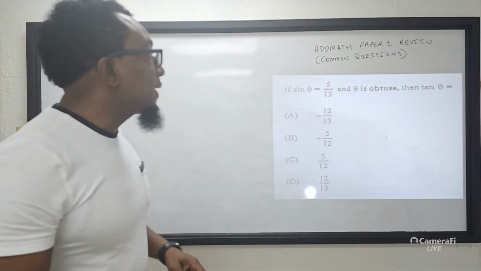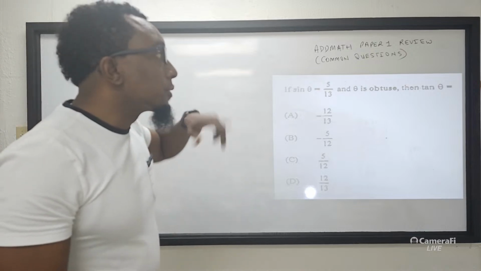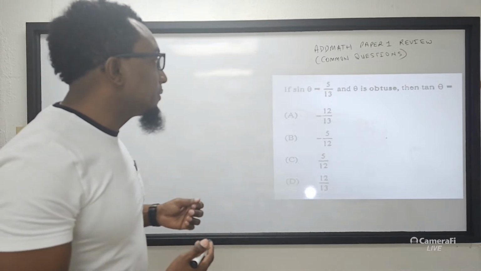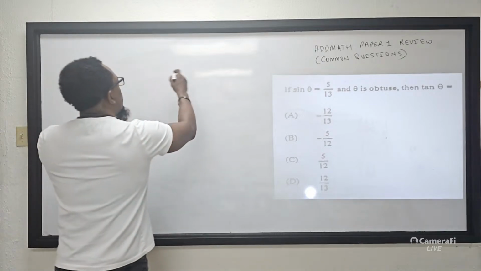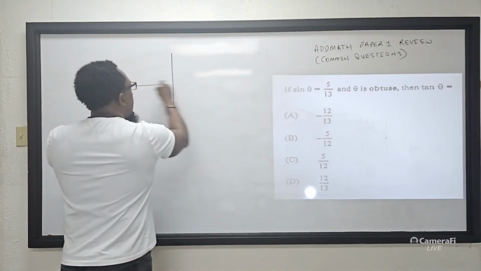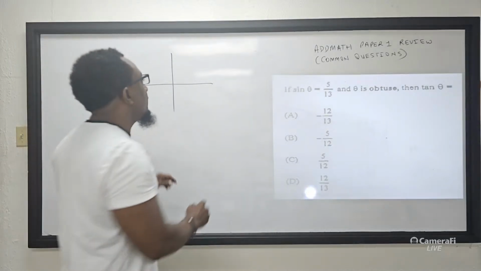If sine theta is equal to 5 over 13 and theta is obtuse, then what is tan theta? How are we going to find tan theta? Now, using our quadrant here.